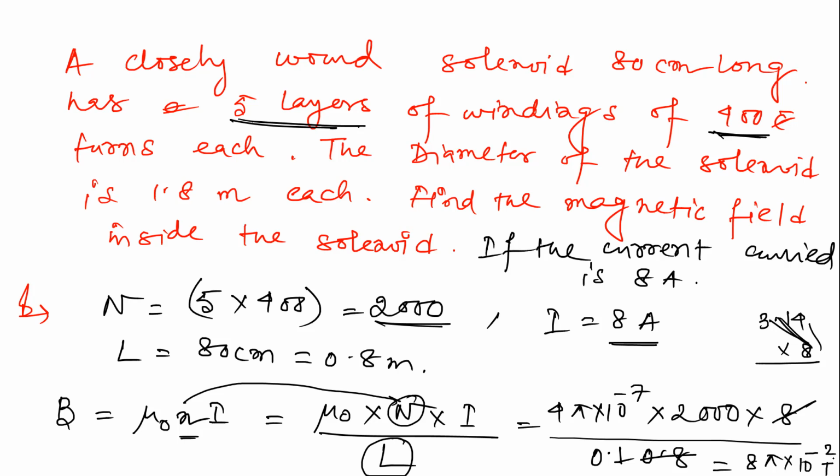Now, whatever problems we have discussed up to that, we will discuss the next problem, then we'll proceed to the concept, right? So now, rest of the people, have you written that solution?